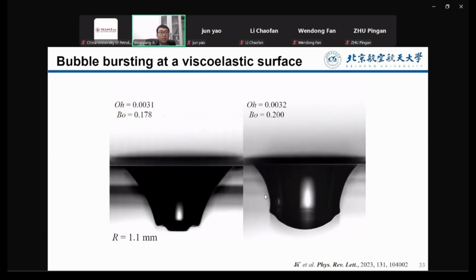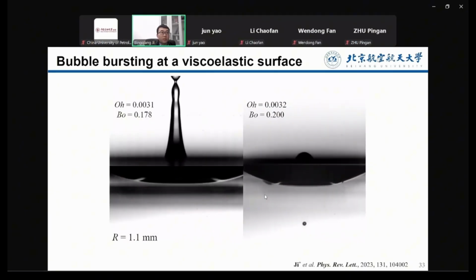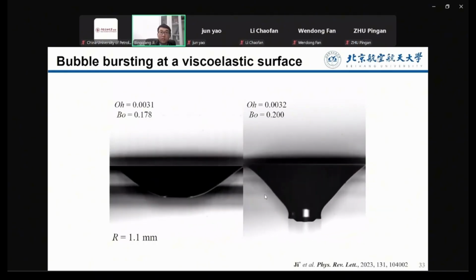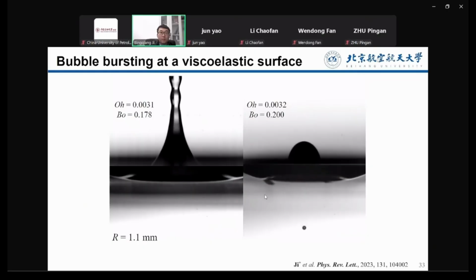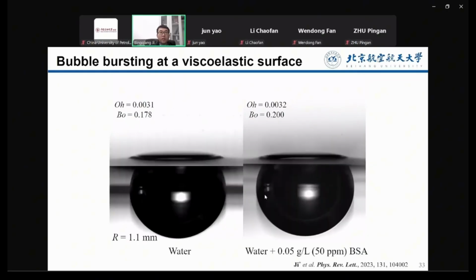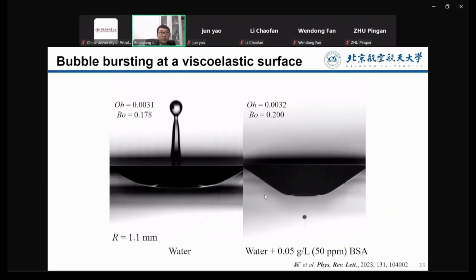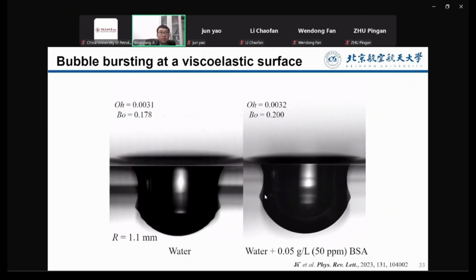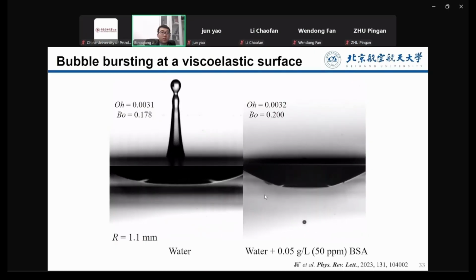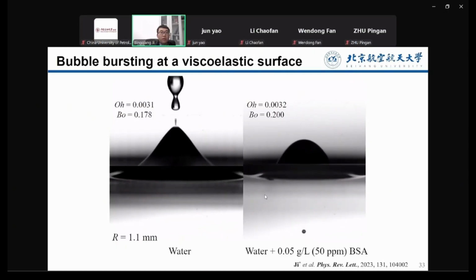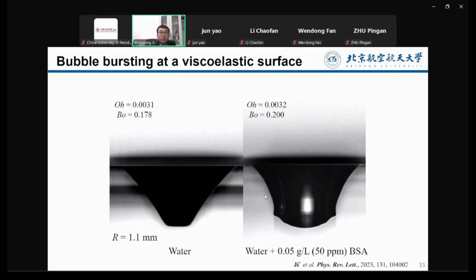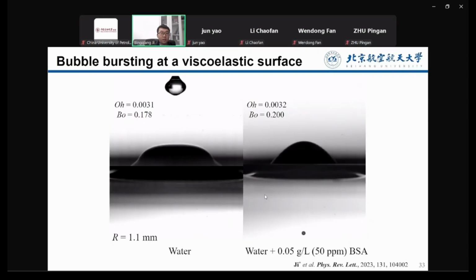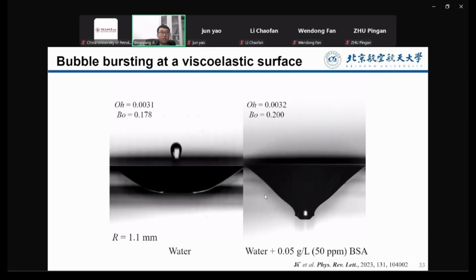But it's clear that jet drops are generated in the left one, but the jet drops disappear in the right one. So what's the difference? The difference is that we only added very little protein in the right case. The concentration is only 50 parts per million.